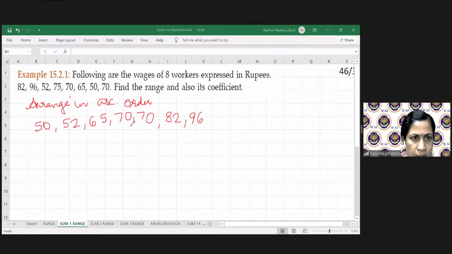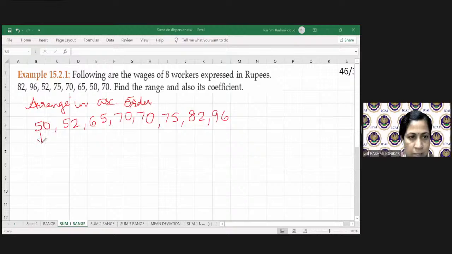कौन सा नंबर छूट गया? 70 के बाद यहाँ 75 है. So this is 75, 82 and 96. Now I have these numbers. Now I know which is the smallest number.